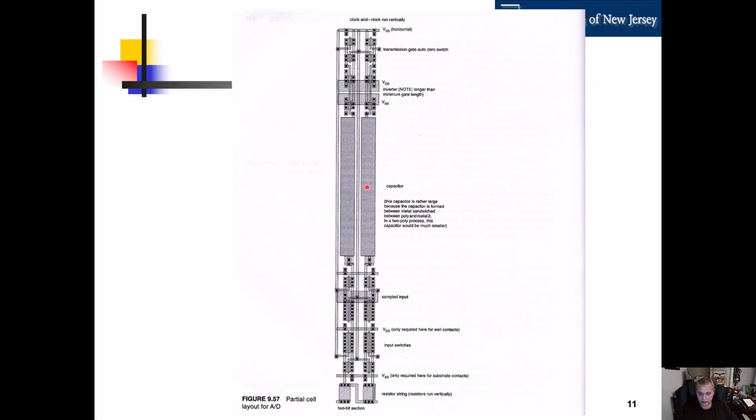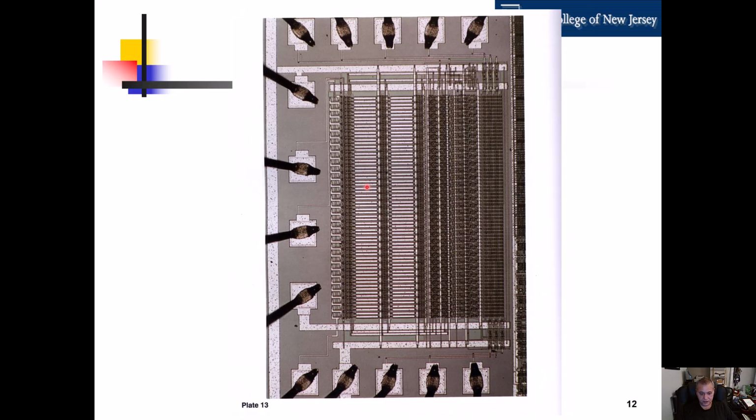And then this is a picture of an actual fabricated chip with that analog to digital converter, and you can see that those circuits have been turned on their side, and here you can see the resistor ladders. There should be 64 of them, with the capacitors and the latches and the comparators.